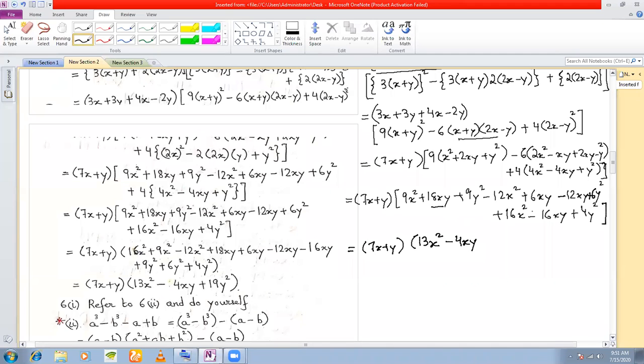You have 18xy, you have 6xy, minus 12xy, and you have minus 16xy. Okay, so 18 plus 6 is 24, and 12 plus 16 is 28. So minus 28 plus 24 will give you minus 4xy. And combine the y square terms, you will get 19.